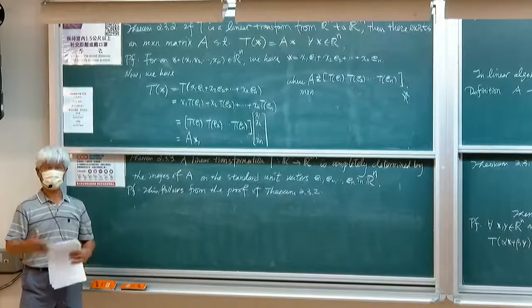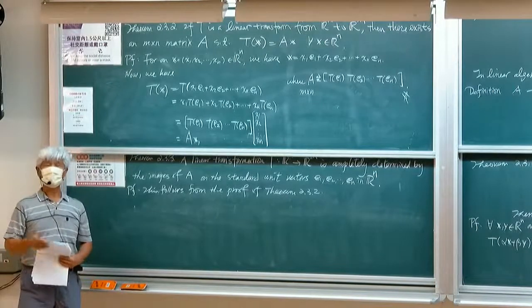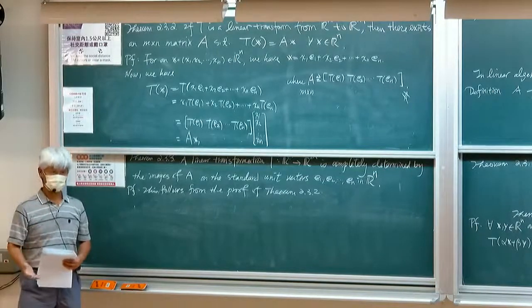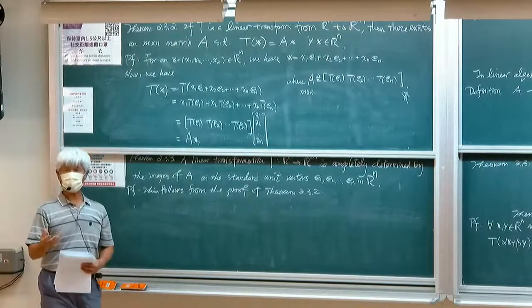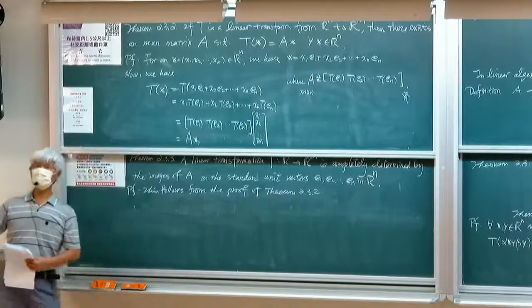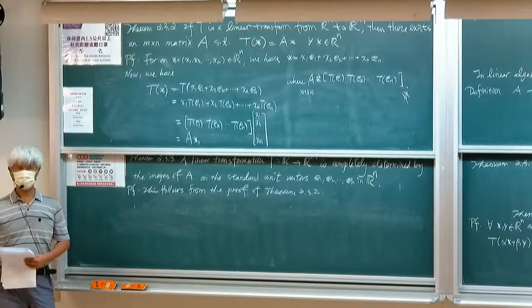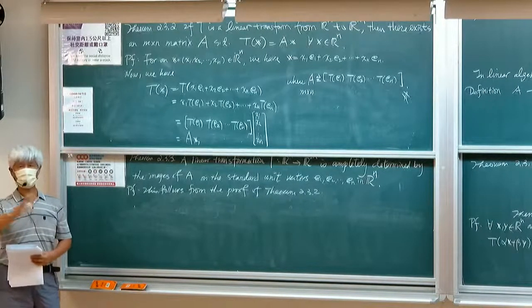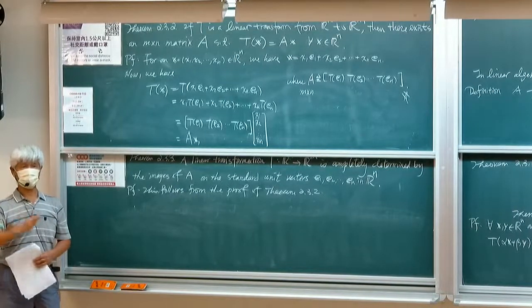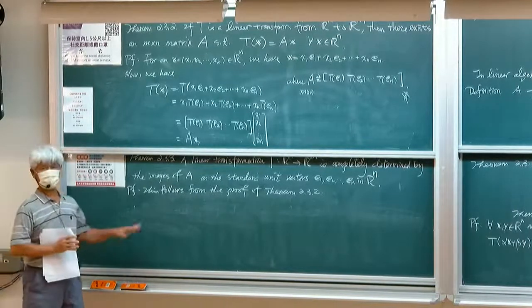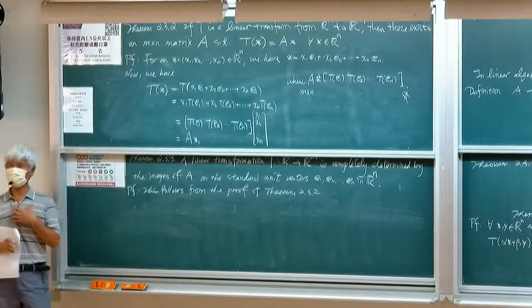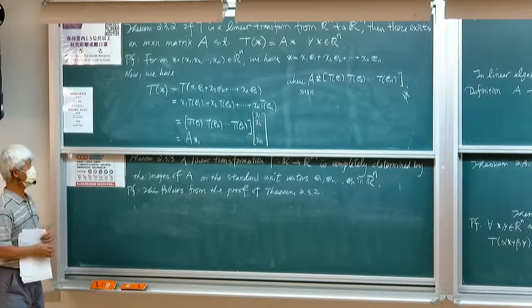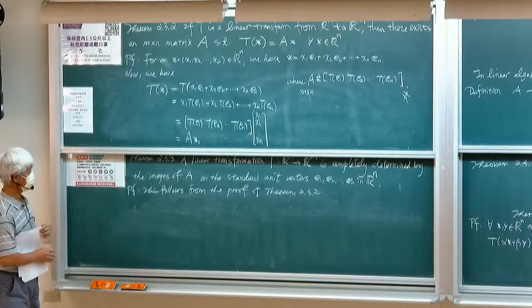Because that is directly related to an m times n matrix. Okay, so they are one-to-one. They have a unique correspondence over there.